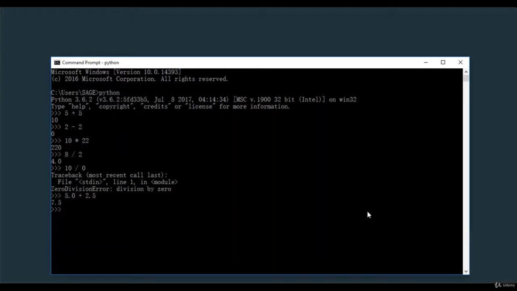5.0 plus 2.5, 7.5. 1.2 plus 0.3, 1.5. The problem that we have in float is that 0.1 plus 0.1 plus 0.1.